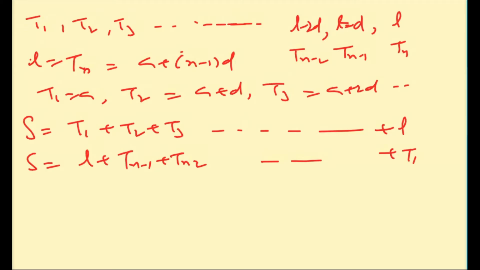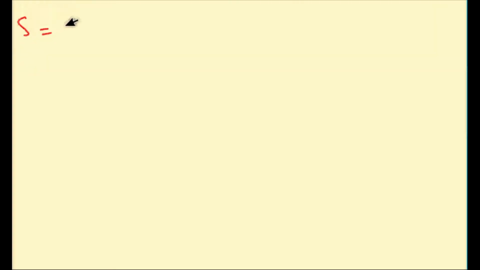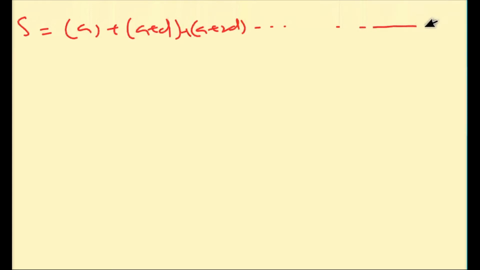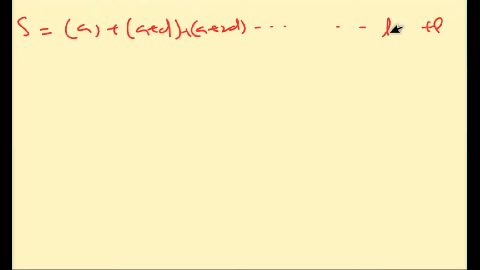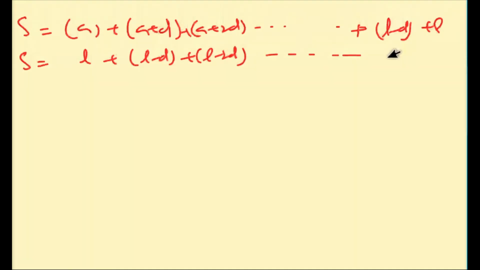Okay, so now we write this way: A plus (A plus D), (A plus 2D), and the last term is L, and let it be L minus D. Now we write the opposite here: L plus (L minus D) plus (L minus 2D) and so on, then it is A plus D and plus A. So now add it.